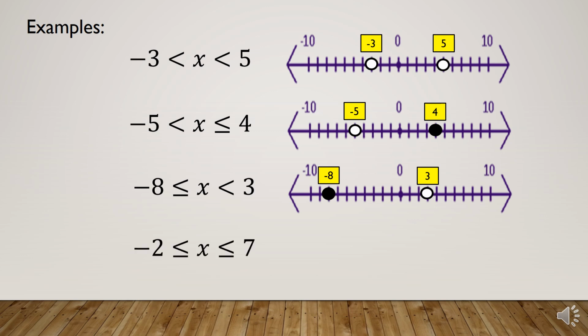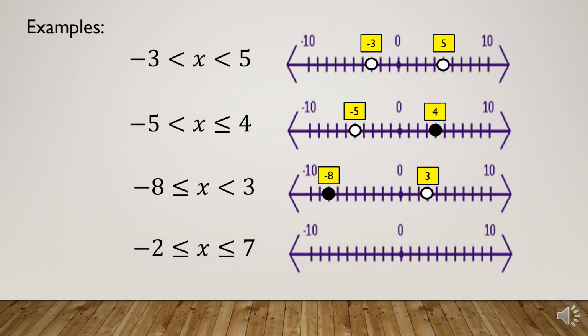The next interval, we have -2 is less than or equal to x, but x is less than or equal to 7. It means that -2 and +7 are included in the values of x. In plotting this on a real number line, let us start with -2. Since the inequality is less than or equal, we will use a closed circle.